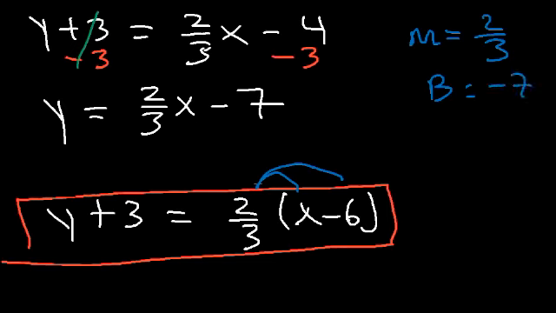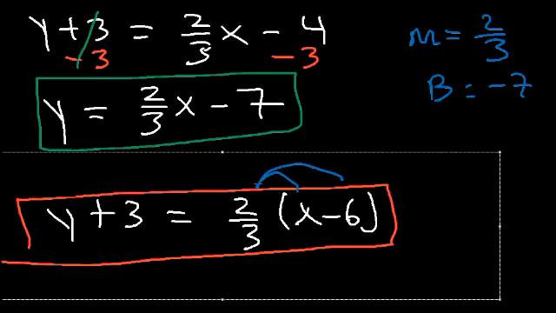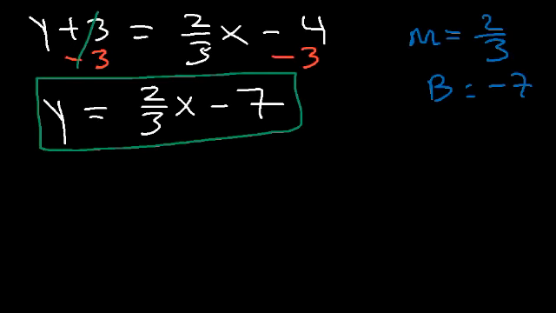So now that we have it in slope-intercept form, how can we change it to standard form? In standard form, we have the equation ax plus by is equal to c. And typically, you normally don't have any fractions in standard form. A, b, and c are usually whole numbers, or I should say integers.